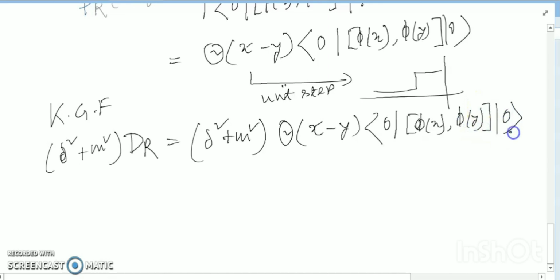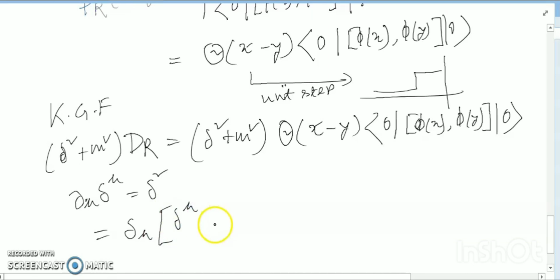Let's do it. Now we use this property, that del mu into del mu is equal to del square. So we can write del mu into del mu, and del mu of capital theta x minus y, there is an x0.